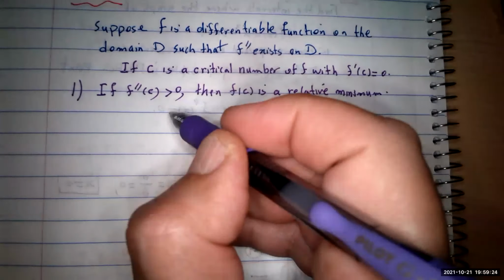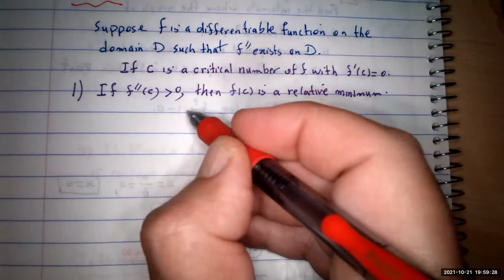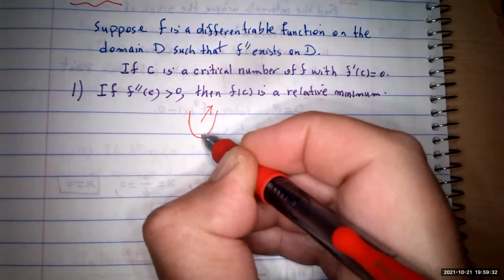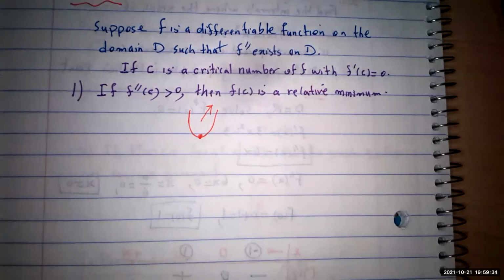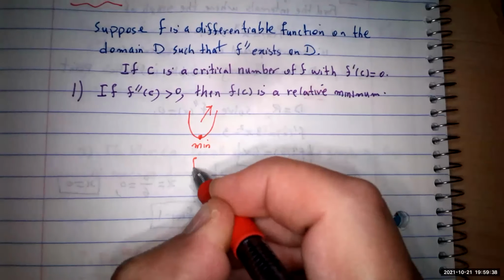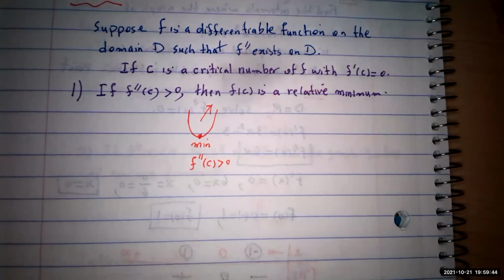You see, that's the reason: when F double prime is positive, the graph is concave upward. Concave up, you get a minimum here. So you get a minimum if F double prime of C is positive. Question?